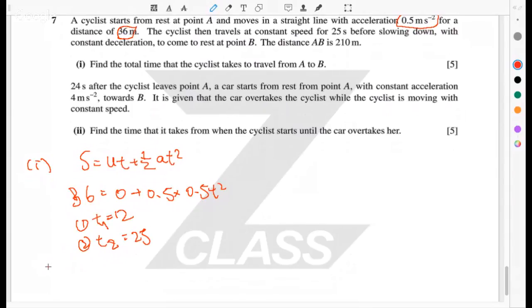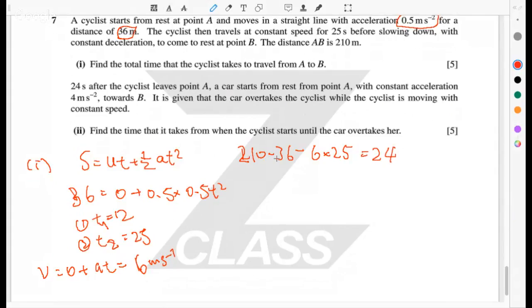So we work out the final velocity of the cyclist at the end of his acceleration. v equals 0 plus at, that gives you 6 meters per second. So 210 minus 36 minus 6 times 25 will give you 24.